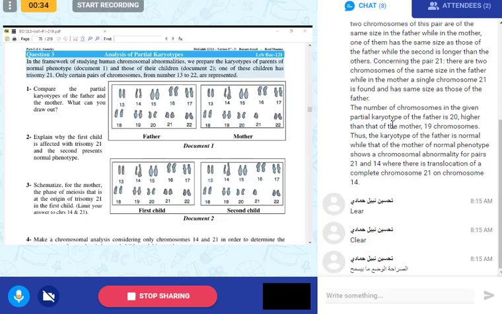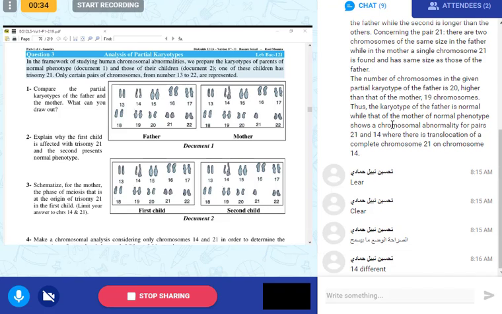And since she's normal with this karyotype, this means that the second child is also normal with this karyotype. Now the problem is with which child? With the first child. Because he has on chromosome 14 one short and one long, but on chromosome 21 he has 2. Okay, so we can say he has the trisomy 21.